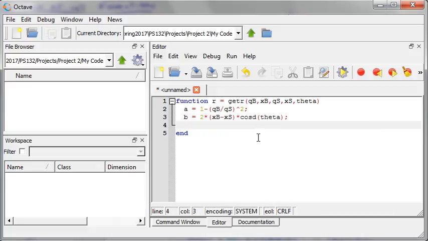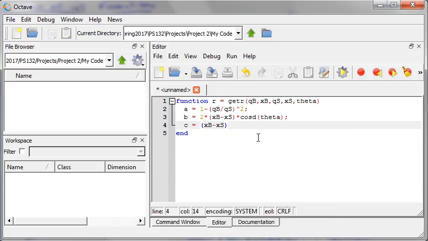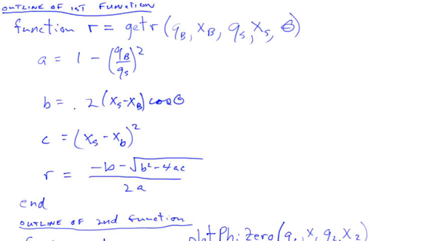And then I think C was XB minus XS quantity squared. I gotta check on those. Let's see if I got that right. Make sure I remember what I put in for them. It was XS minus XB. I think I put it the other way.